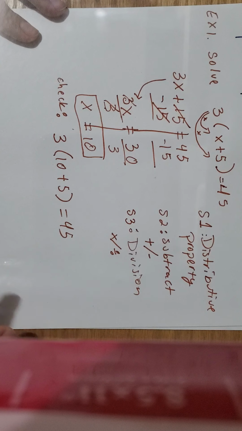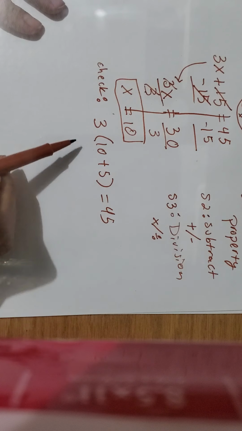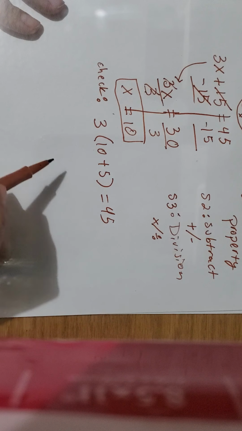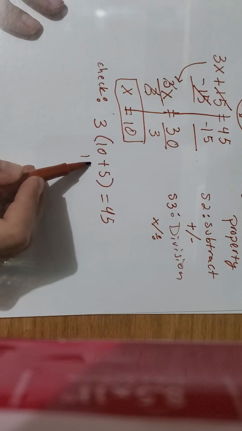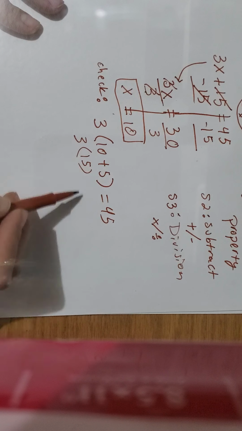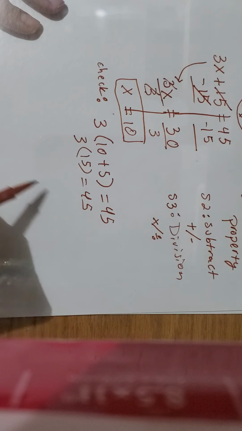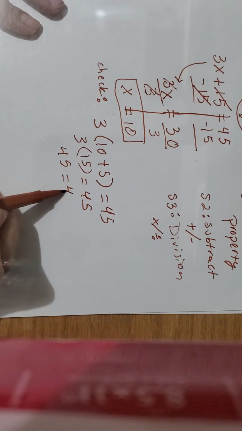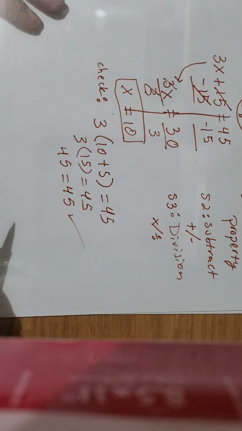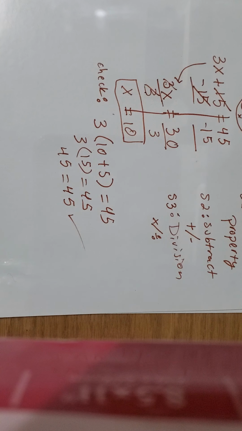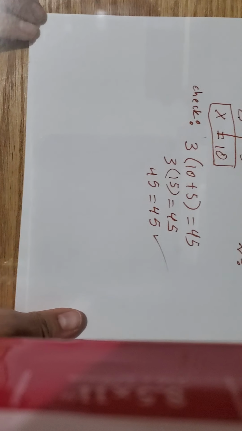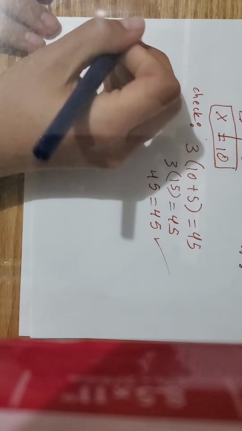Now if you were to follow PEMDAS regularly, because now we have an actual constant instead of a variable, 10 plus 5 equals 15. 3 times 15 equals 45, and 45 does equal 45. So that's your check part. Okay, let's do one more example like that, and then I can give you some to do on your own.